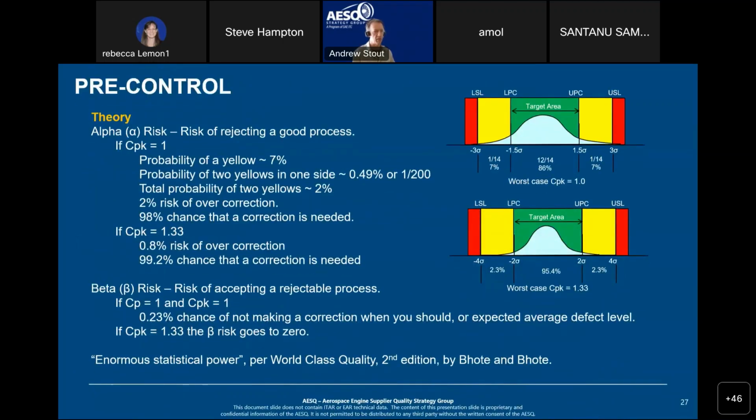Now, I promised a bit of theory, but only a little bit, so just only one page. So you may have heard of alpha risk and beta risk. Alpha risk being the risk of rejecting a good process.